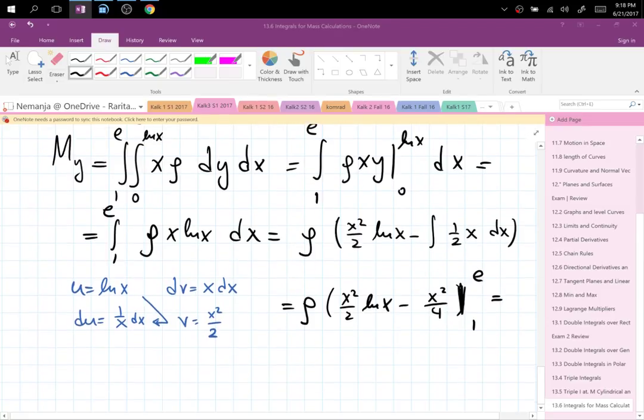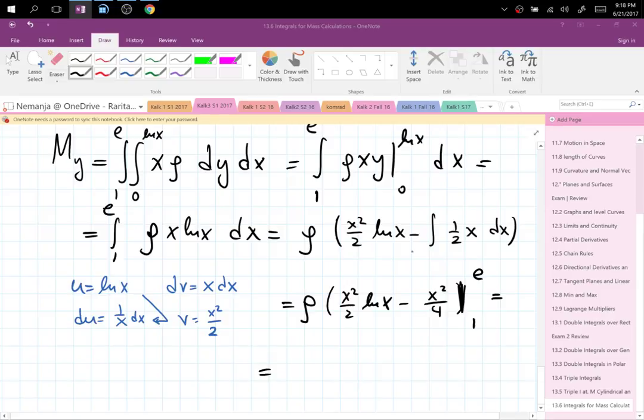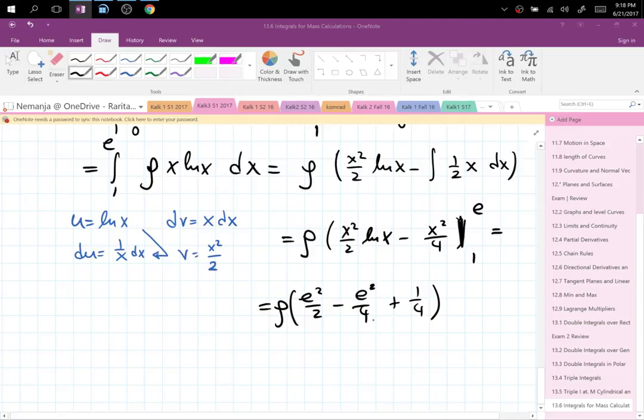So now plug in e. We get ln e equal to 1, so that's e squared over 2. Plug in e minus e squared over 4. Plug in 1, that dies, plus 1/4. So we have rho, we have 1/4, and then that's e squared up there, right?